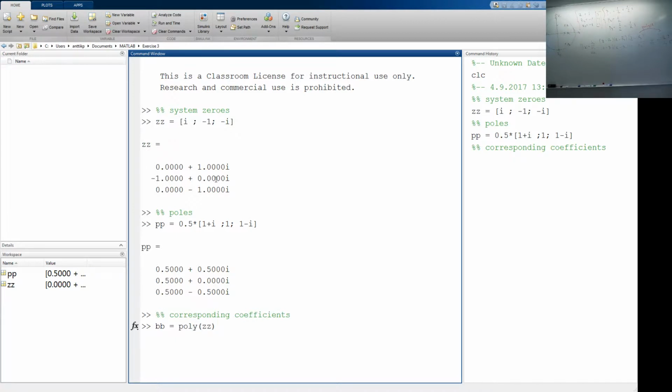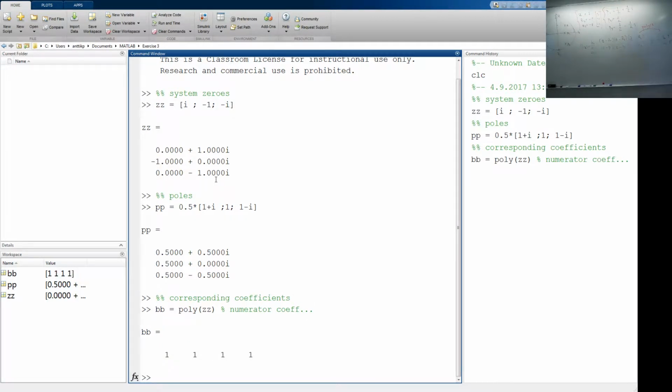Numerator coefficients are one, one, one, one. Yes, of course. Those are the same coefficients as you would have for 4-point running average. Only the scaling factor is missing. And for obvious reasons, from this picture you cannot see the scaling factor yet.